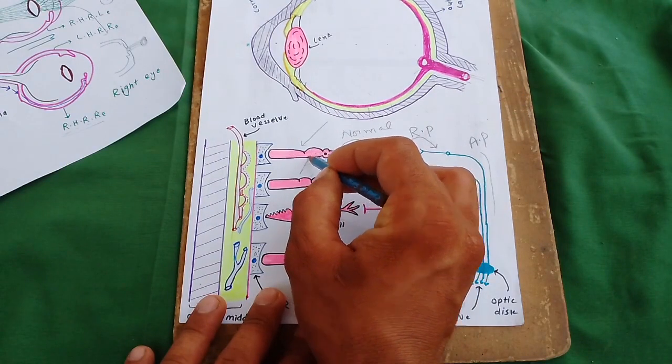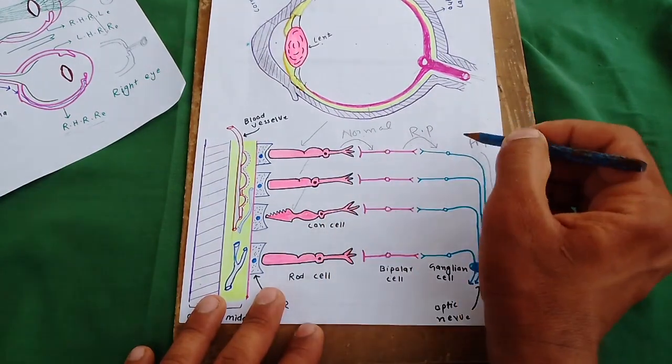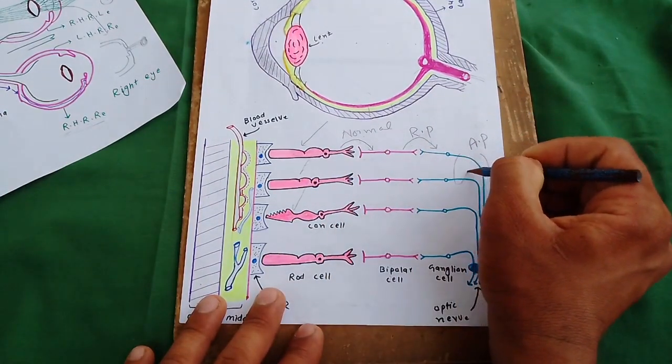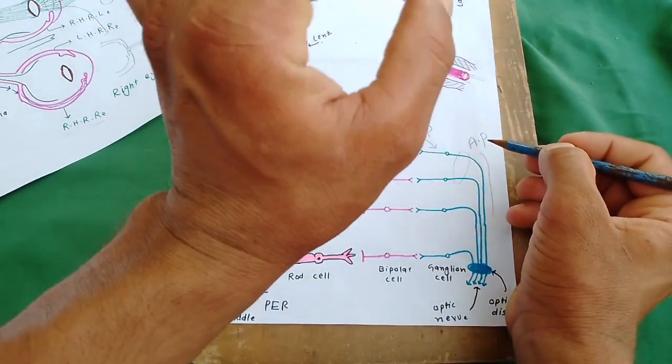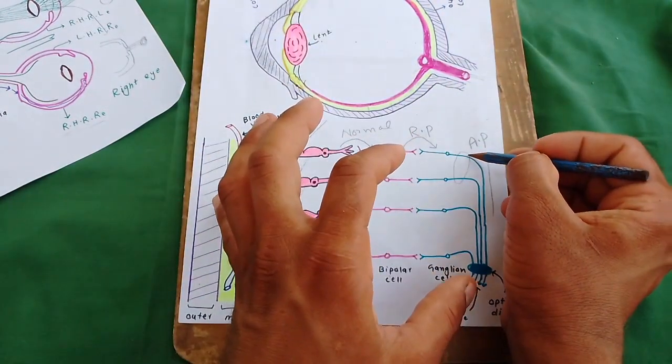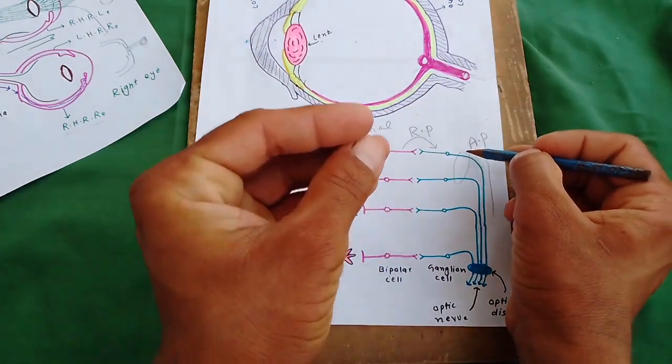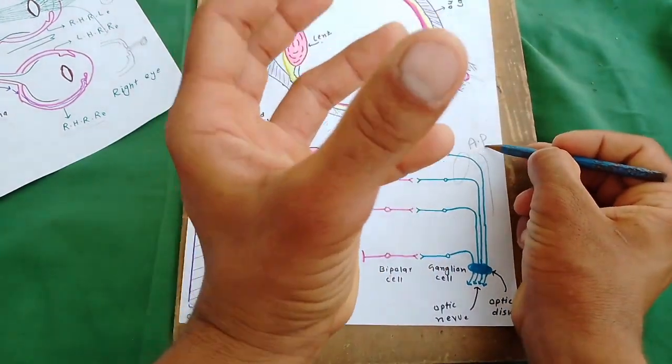But when I shine a very strong light on the eye, the rod cell and cone cell are stimulated, the bipolar cell is stimulated, but another process starts in the ganglion cell, which produces a specific chemical and a specific type of action potential.